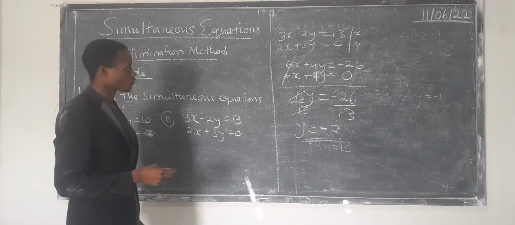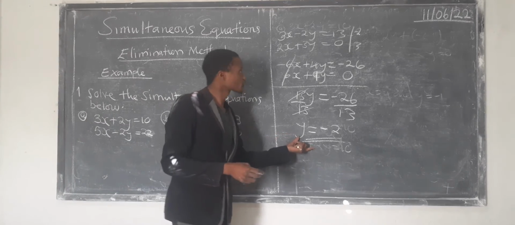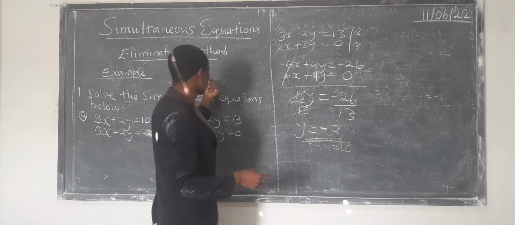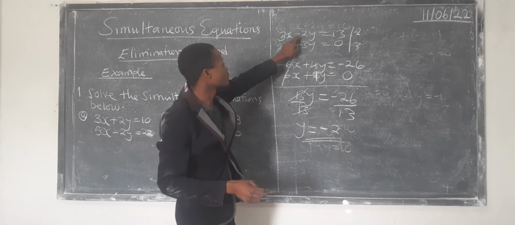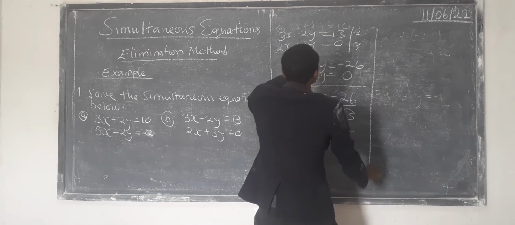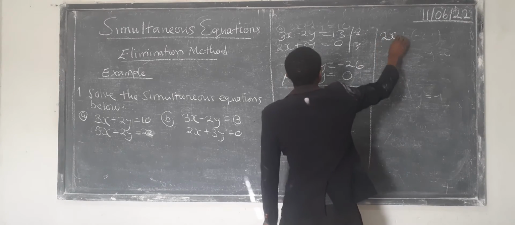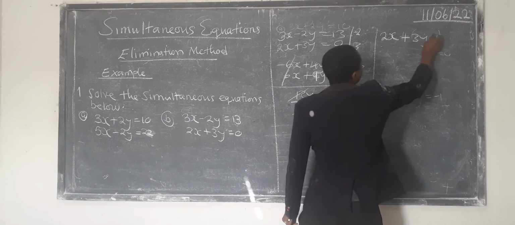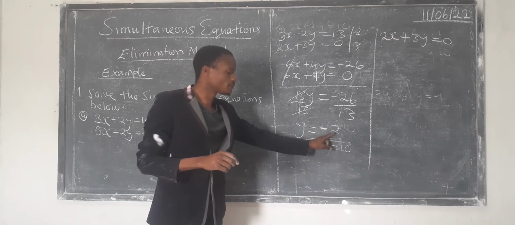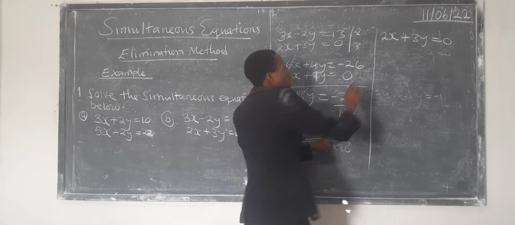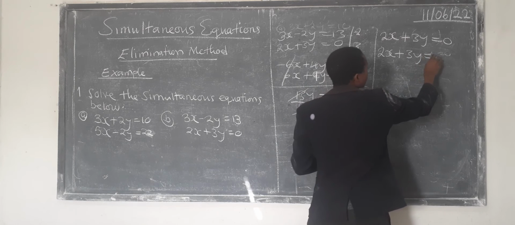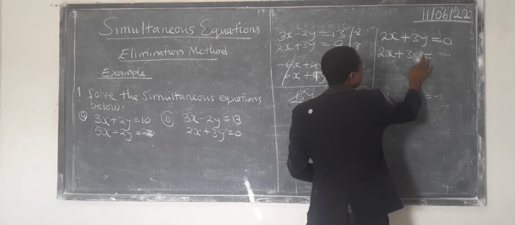When we find the value of y, we now have to find the value of x, which you can find using either the equation on the bottom or the one on top. In the previous example we used the first one, so in this example let us use the second one, 2x plus 3y is equal to 0. Where there is y, we put negative 2.